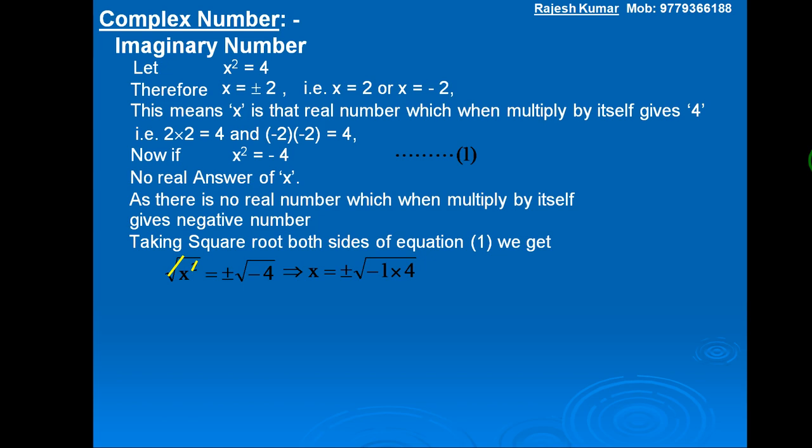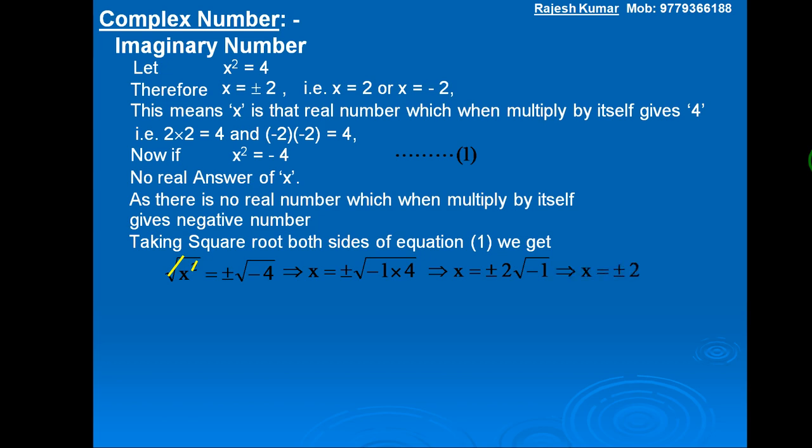That is, by rearranging, we can write minus 4 is equal to minus 1 into 4. Now square root of 4 is equal to 2. Therefore, this implies x is equal to plus minus 2 into square root of minus 1.